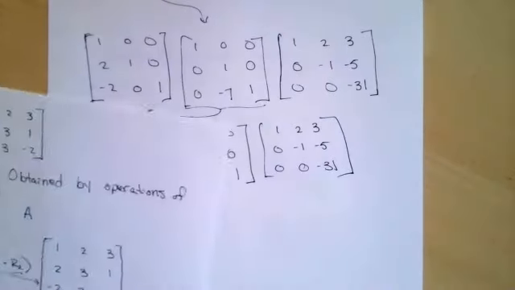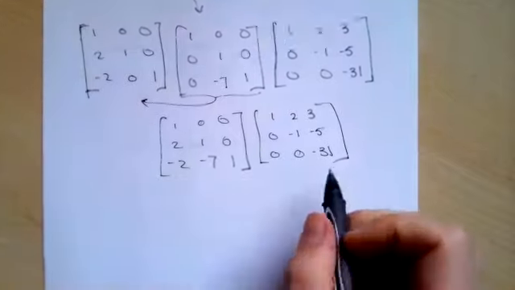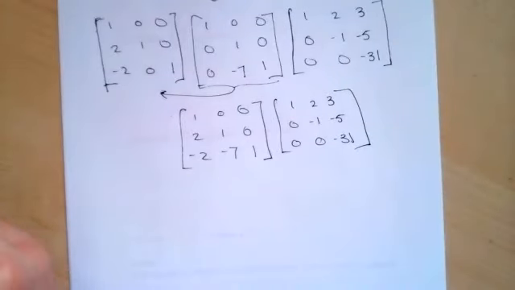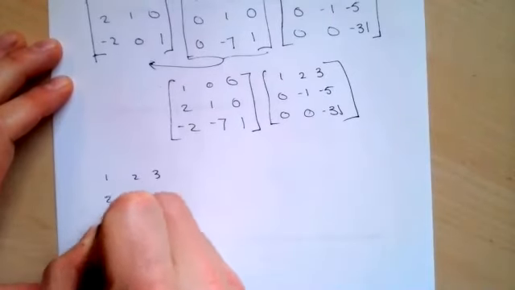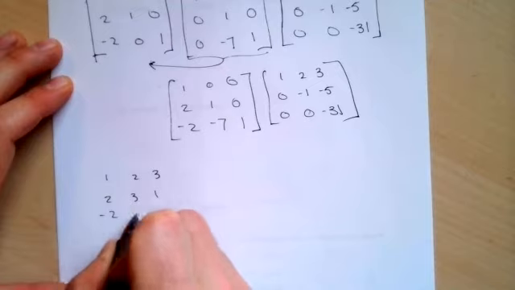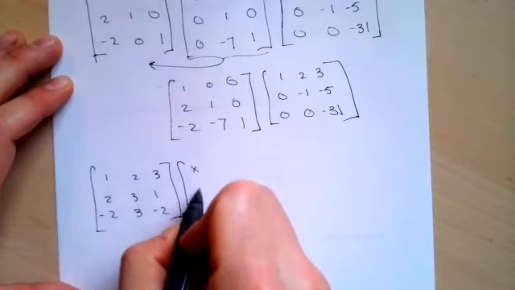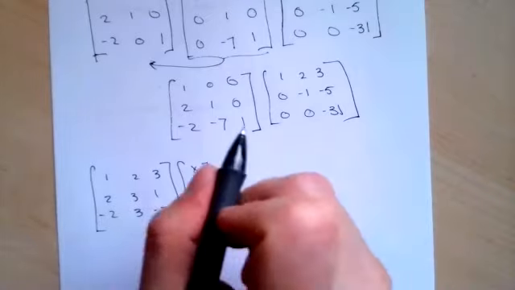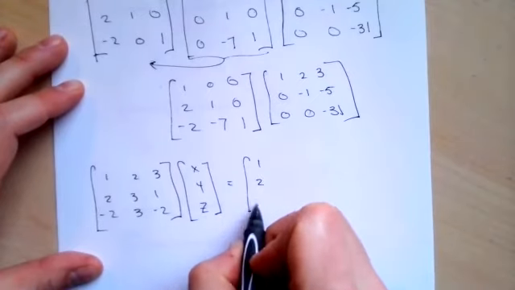And so our last step would be to solve an equation. So if we had something like the original matrix A, with rows 1, 2, 3; 2, 3, 1; and minus 2, 3, minus 2, times x, y, z, is equal to, let's say, 1, 2, 29.